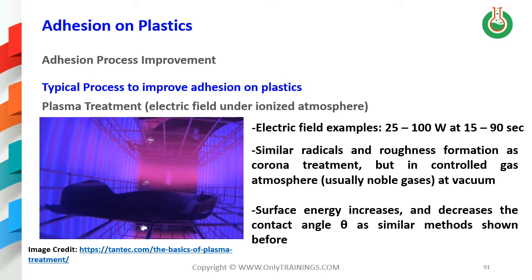The electrical fields are 25 to 100 watts for a very short time, 15 to 90 seconds. You have similar radicals and roughness formation as corona treatment, and the surface energy increases and the contact angle theta decreases, a similar method shown before.